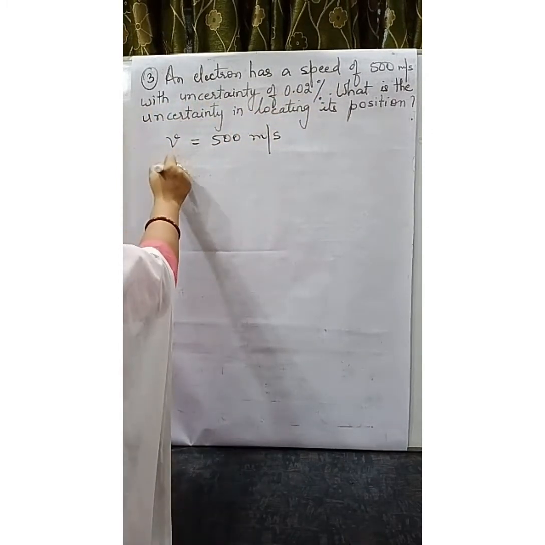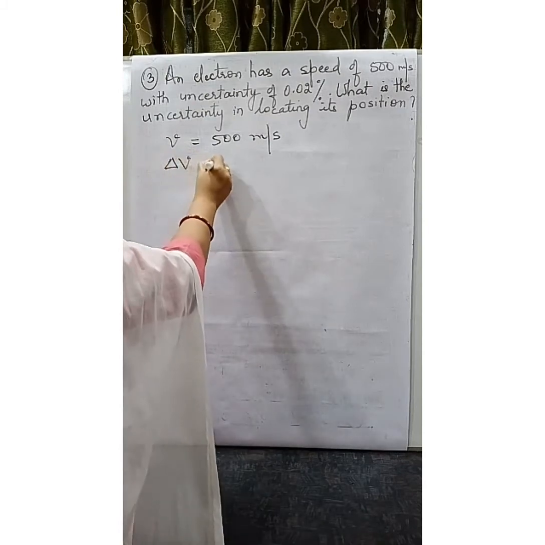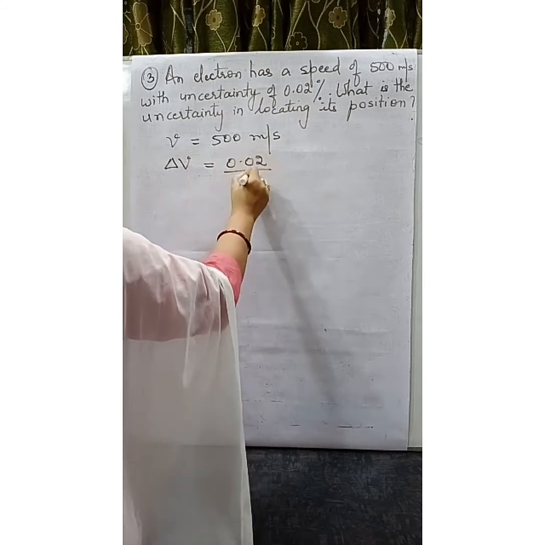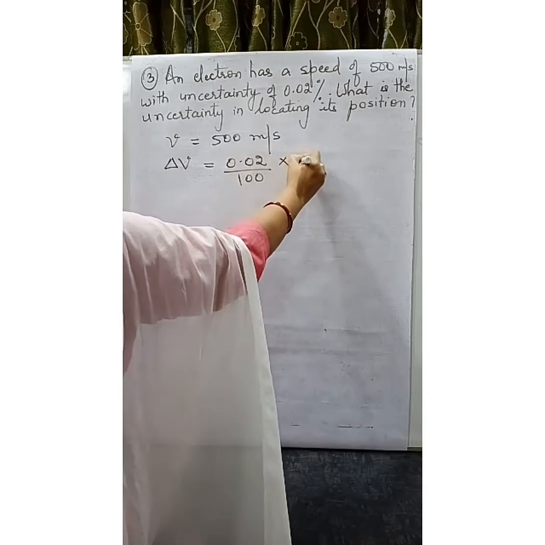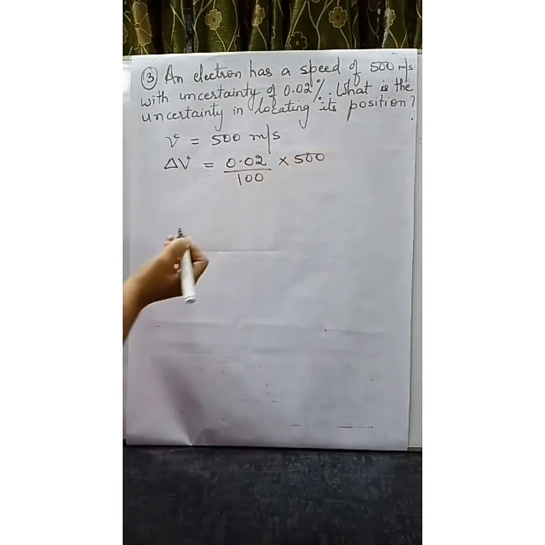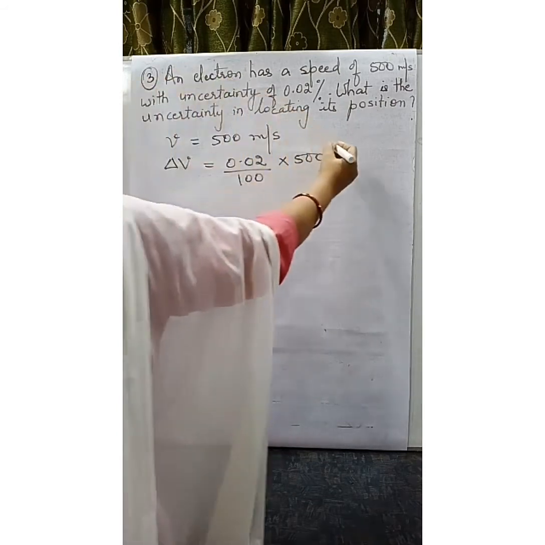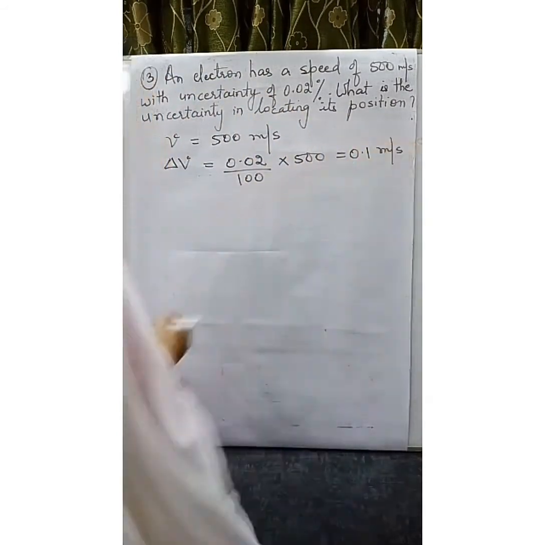So we can write delta v, which is uncertainty in velocity, is equal to 0.02% of the given velocity. So 0.02 upon 100 into 500. When you solve this, you are going to get 0.1 meter per second.